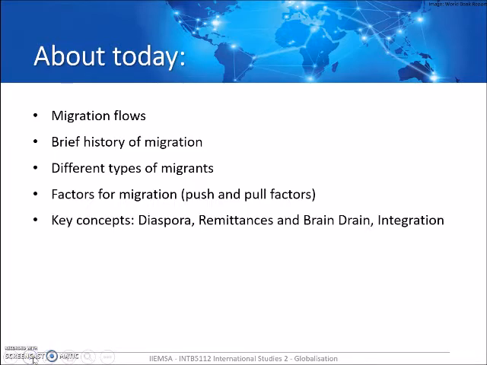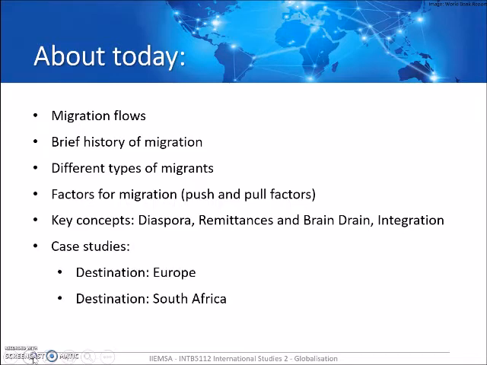And then we're going to look at some key concepts closely linked to migration: the concept of diaspora, remittances and brain drain. And we're also going to look a little bit at integration, which is sort of the other side to migration. That is something that every country handles in a very different way, and it has also changed over time.